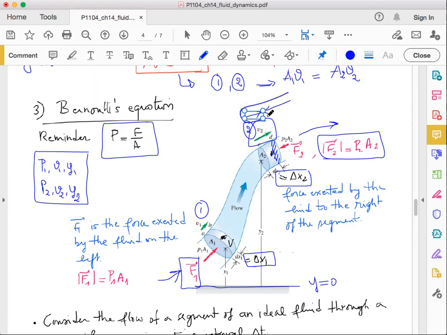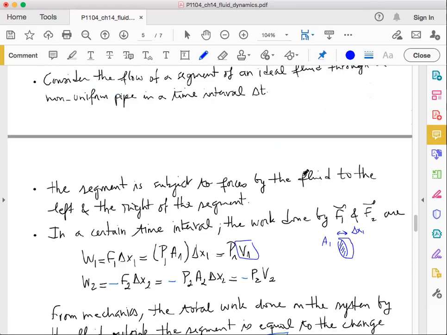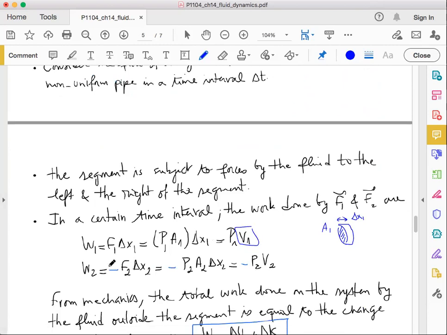Because these two vectors are in opposite directions, we have a minus sign. This detail we will see later when we talk about it in mechanics. If you replace F2 by its expression, we end up with P2 times A2, and A2 times delta x2 is again nothing else than the volume. So we end up with W1 equals P1 V1, and W2 equals minus P2 V2, with the minus sign due to the fact that F2 and delta x2 are in opposite directions. So that is number one.